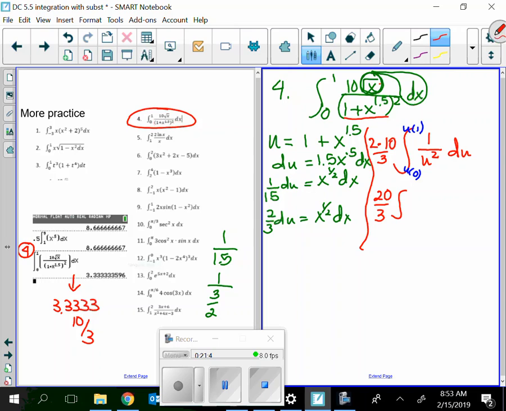What's u of 0? 1. What's u of 1? 2. Okay. u squared probably should be written differently as u to the minus 2. Now we are finally ready for an antiderivative.